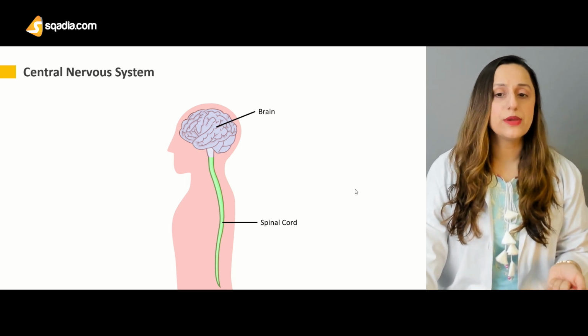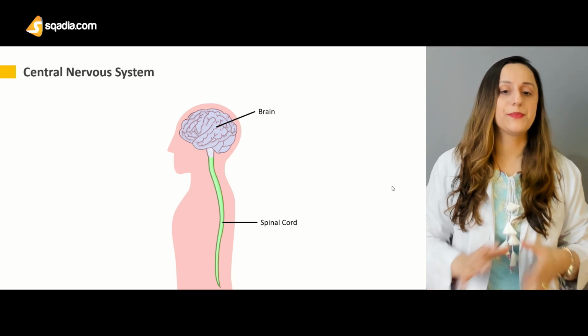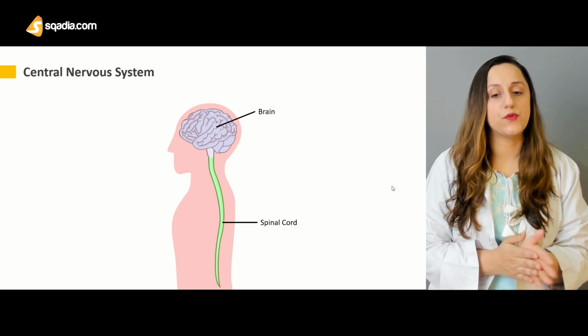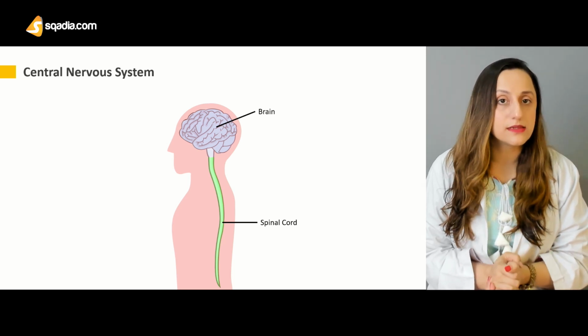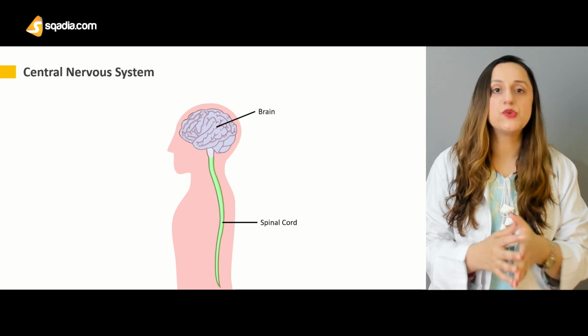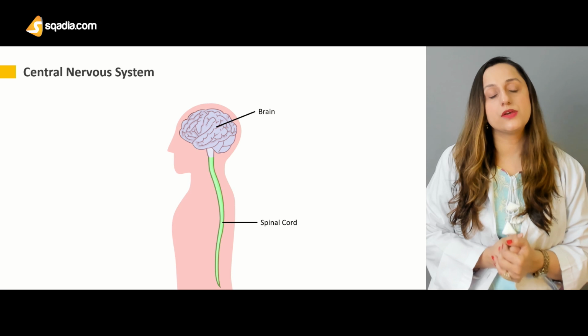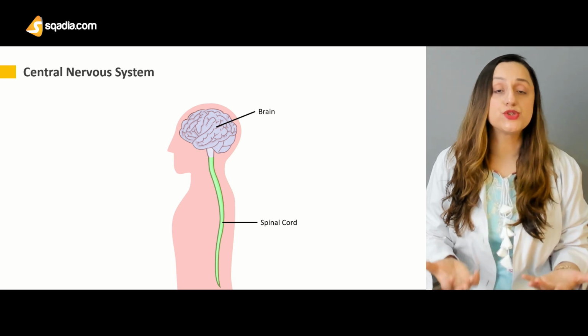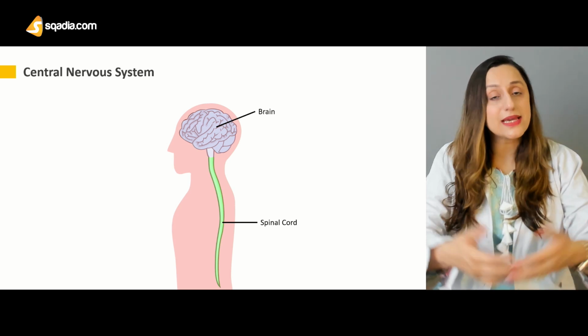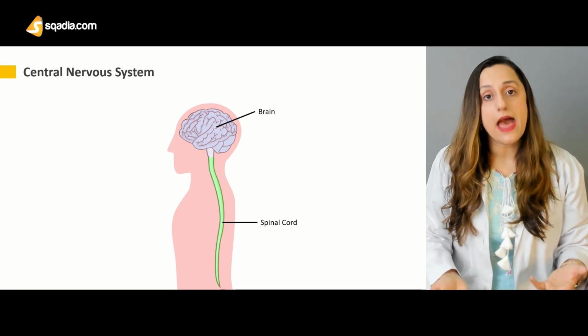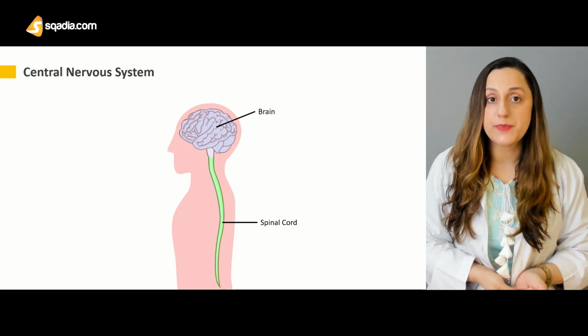So why is it so important to get to know the details of all of these structures? Again, you have to relate this anatomical knowledge clinically as well. Even if you're working as a neurophysician, you should be well versed with the organization of the brain and the organization of the spinal cord.